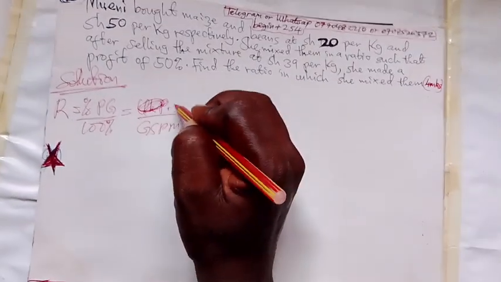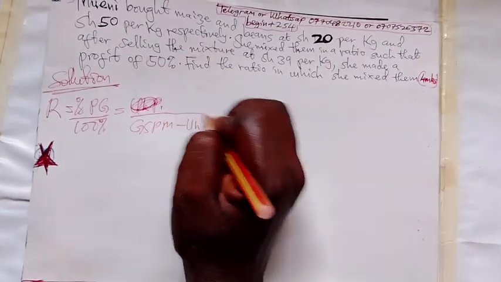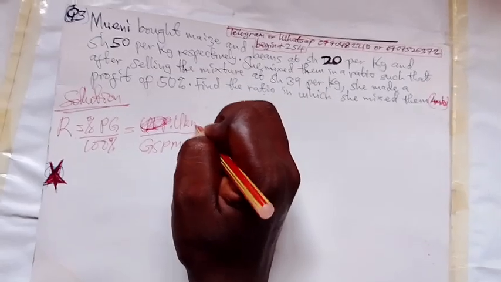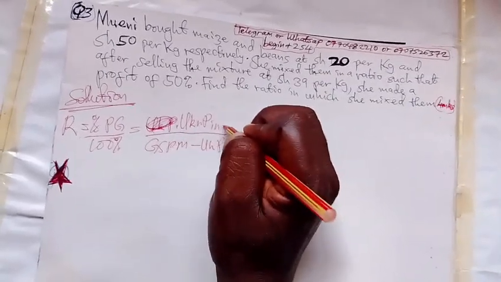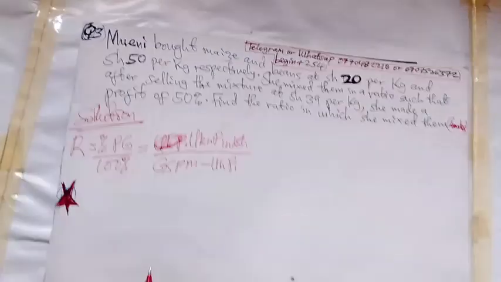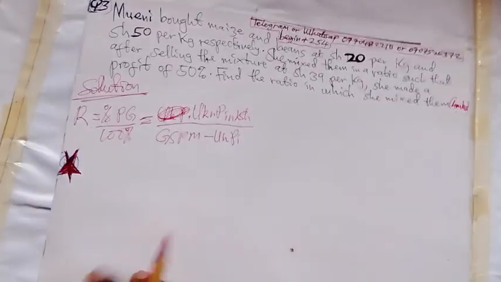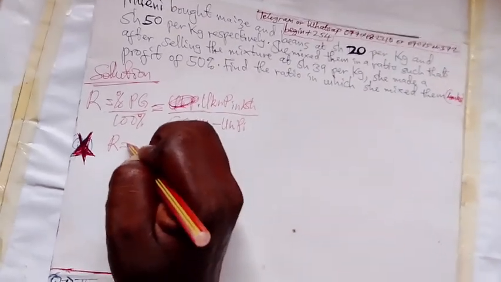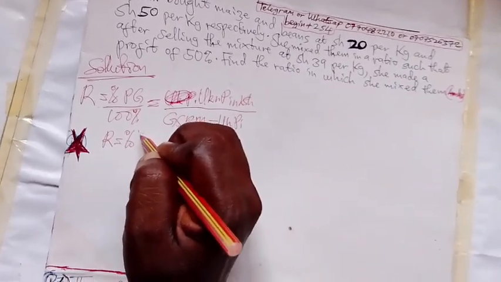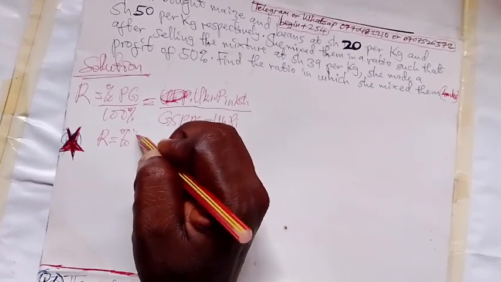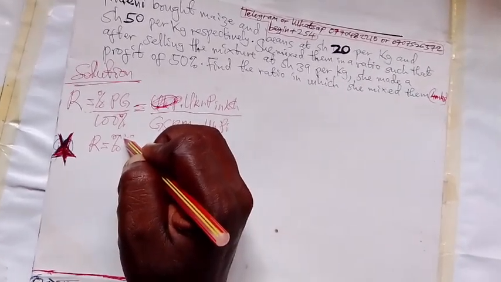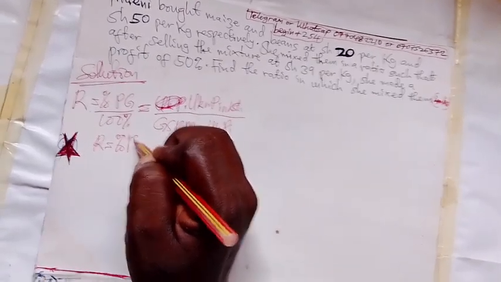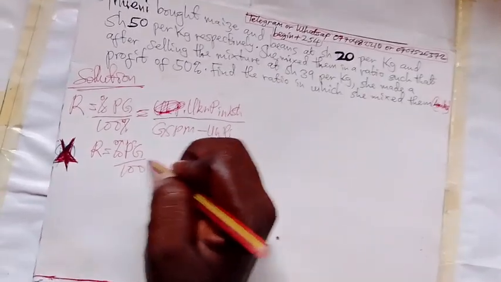This is the formula now, or we can shorten it as ratio is given percentage profit over 100 is equal to.